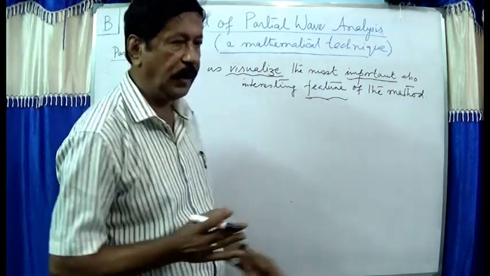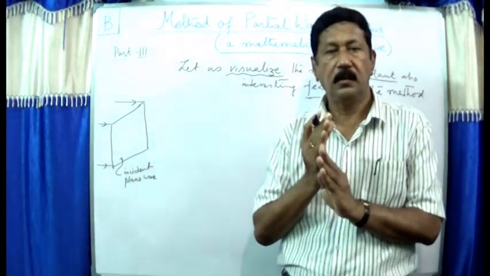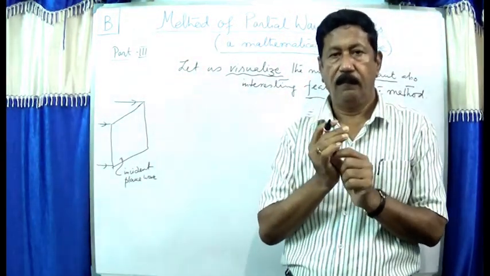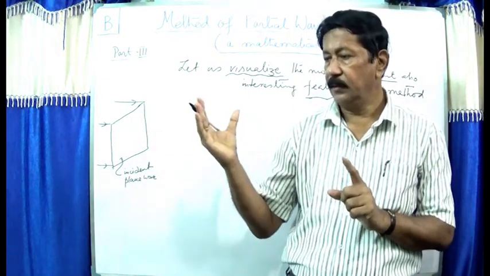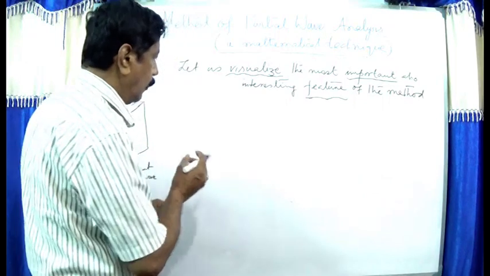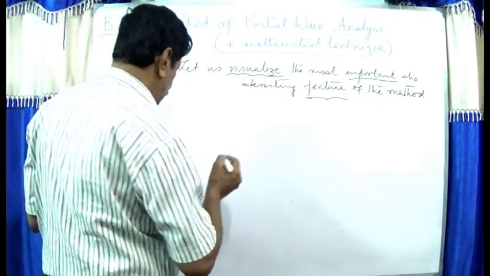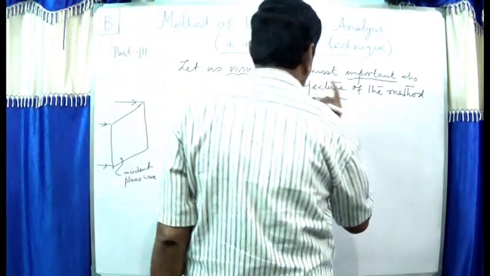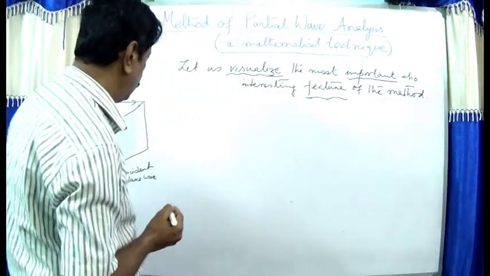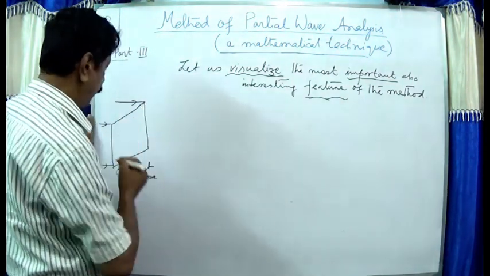And when these waves come very near to the scatterer, that is, when the incident wave happens to fall on the potential, what will happen? Let us see that. That is the most important thing that we are now looking for.